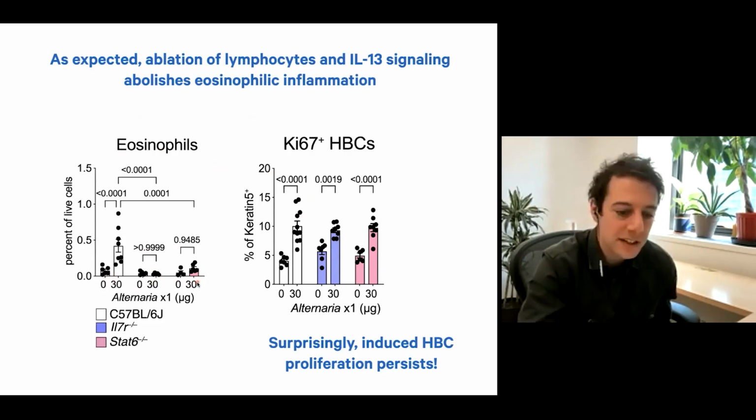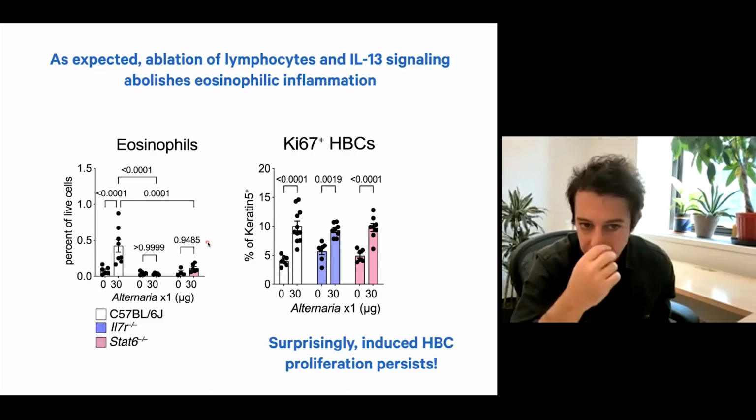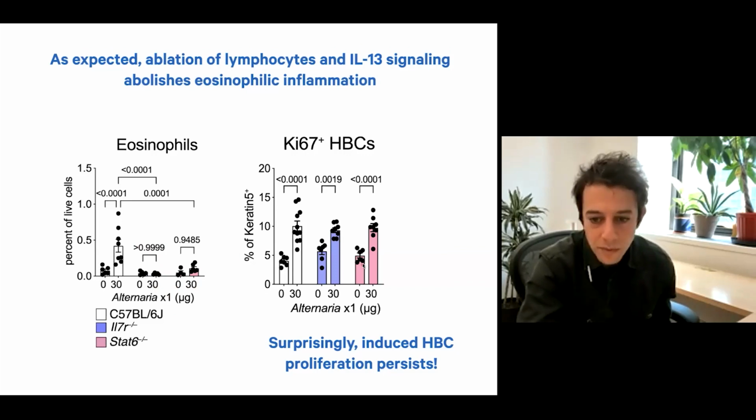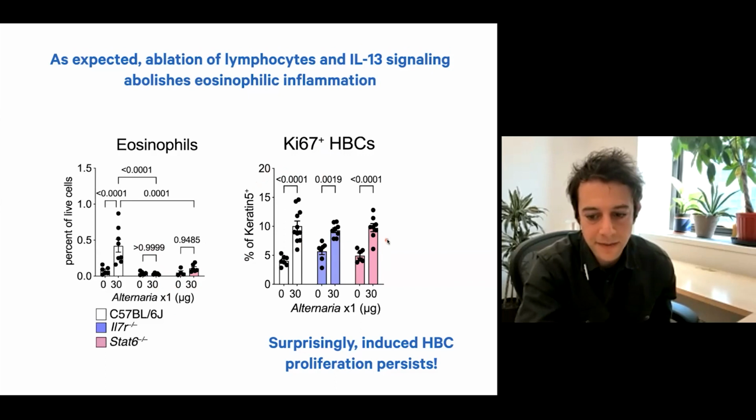So clearly, lymphocytes and IL-13 are both required for eosinophilia. But what was surprising is that when we look using intracellular FACS for the proportion of K5, Ki67 double positive proliferating HBCs, there's this robust increase in naive mice, which is actually preserved in the lymphocyte deficient and IL-13 deficient mice.